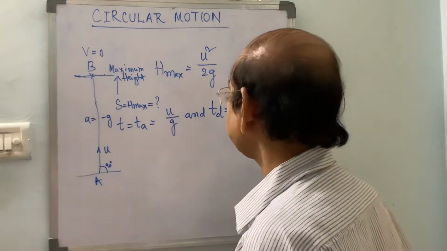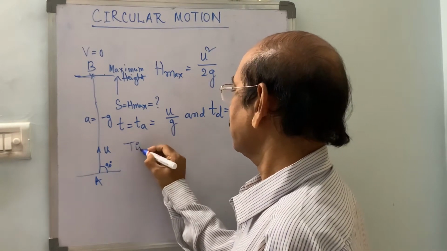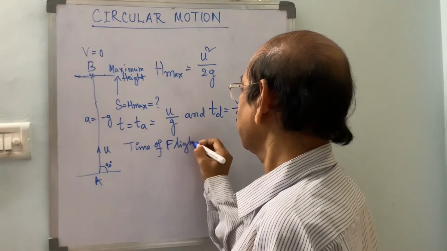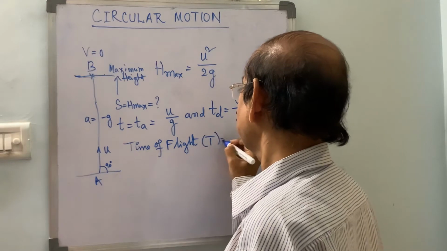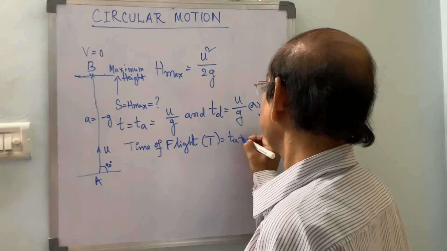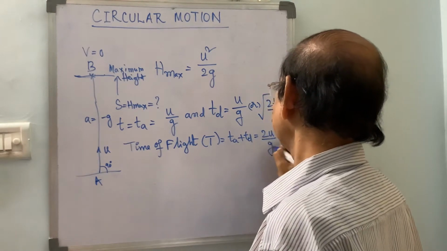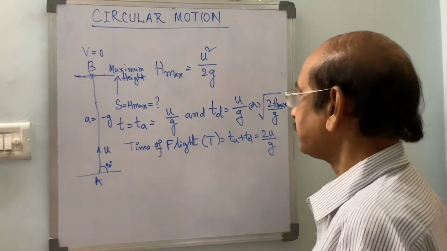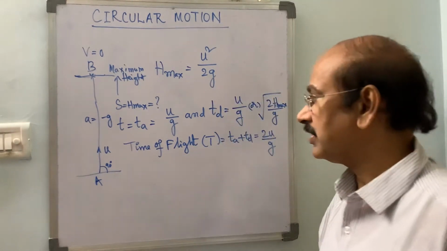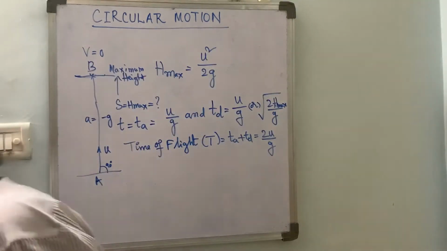And time of flight, total journey time, is known as time of flight. Time of ascent plus time of descent, that is equal to u by g plus u by g, which is 2u by g. These are the expressions in vertical motion of the body.